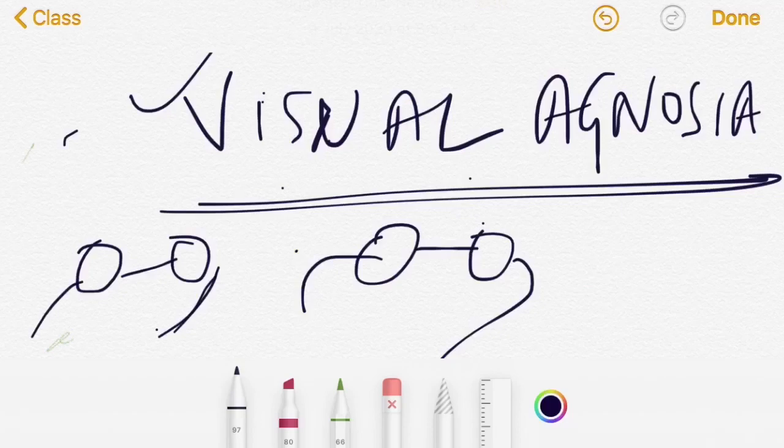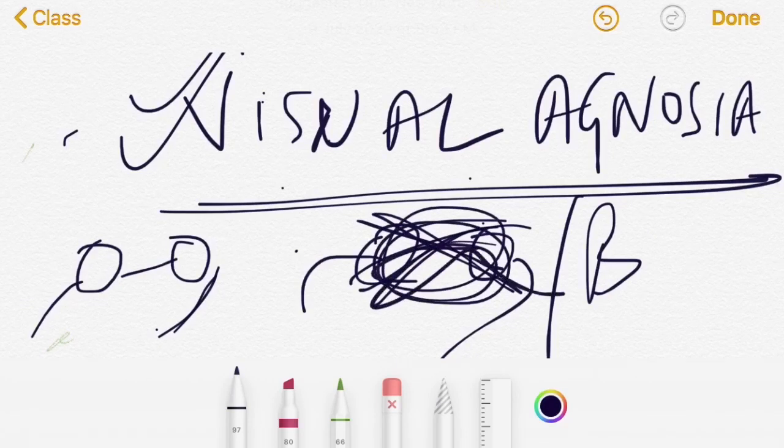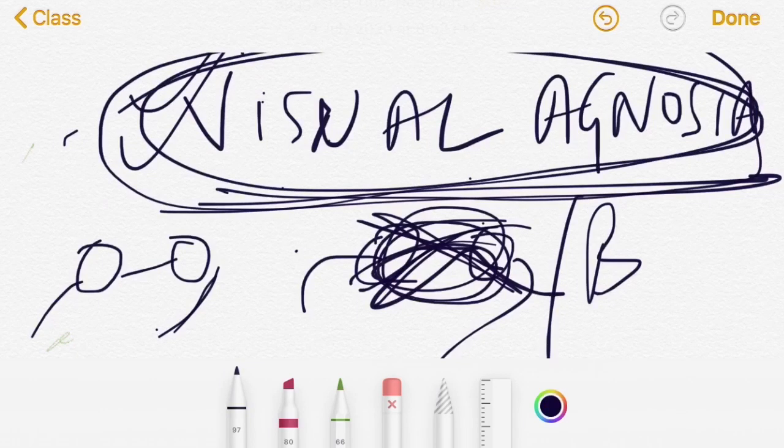I guess this example clarifies the difference between visual agnosia and blindness. A blind person won't be able to say there are two circles or these things, he won't be able to see anything. But in visual agnosia, visually he is not identifying it.